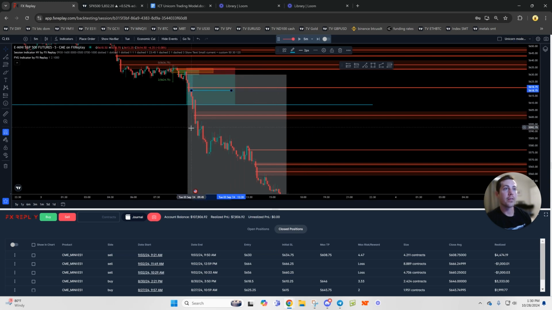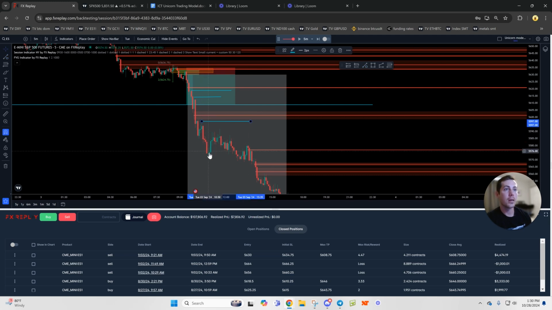And then basically every new low that gets created, I'm going to do the same thing. So after we took out this kind of low right here, I'm going to trail my stop loss to the previous candle. And then we kind of trail down here to the downside. And again, once we break this low right here, I'm going to trail my stop to the candle before the candle that makes the new low.